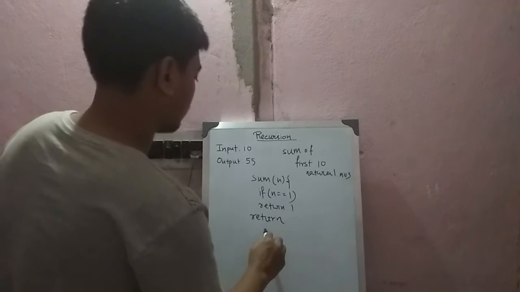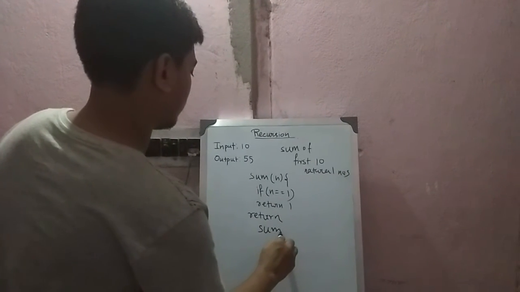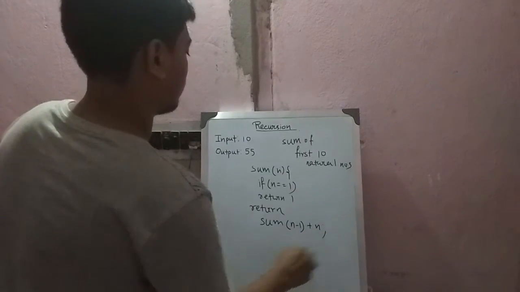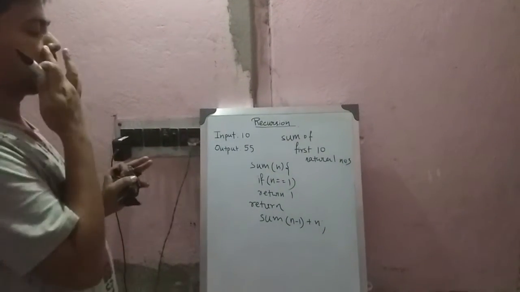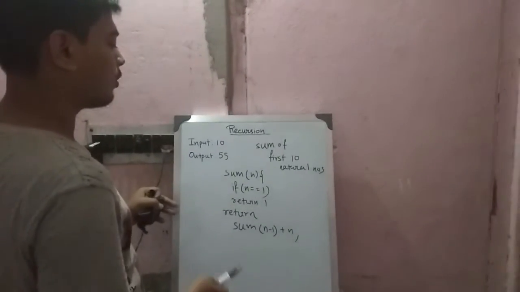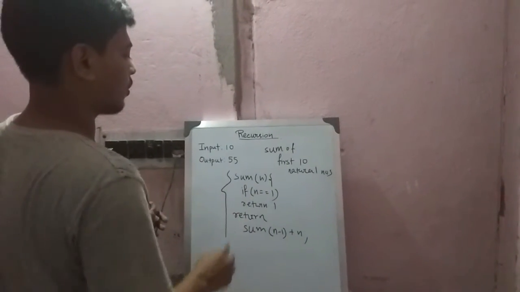Otherwise return sum of n minus 1 plus n. So you have to simplify the function more and more to get the code.